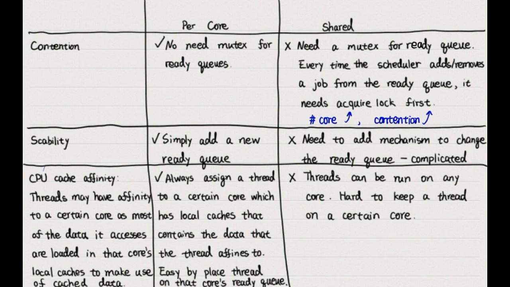This can be done easily by placing the thread on that core's ready queue. For the shared ready queue design, it is hard to achieve CPU cache affinity. Because all threads are put on the same shared ready queue, threads can be run on any core. It is hard to keep a thread on a certain core.